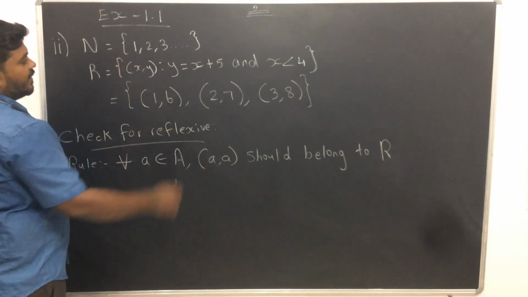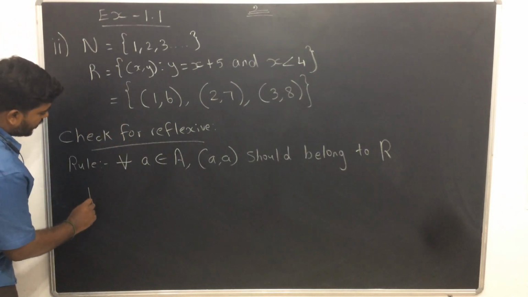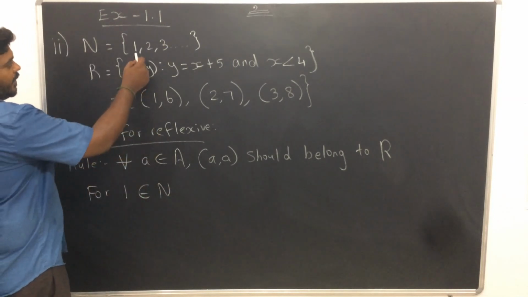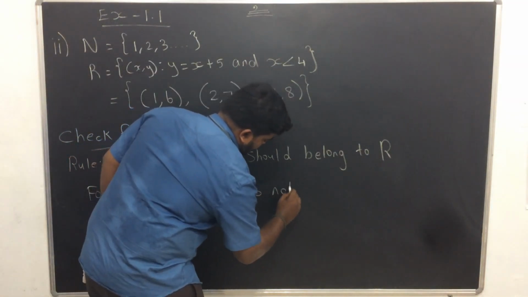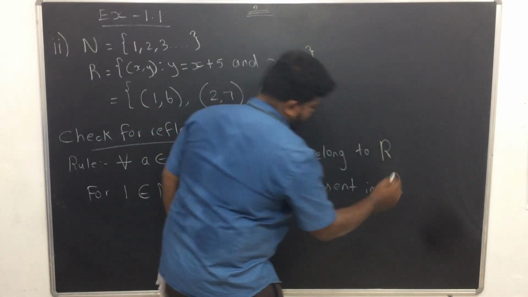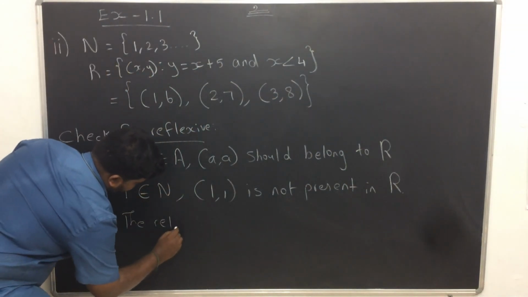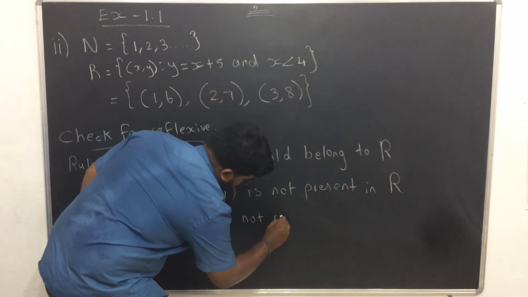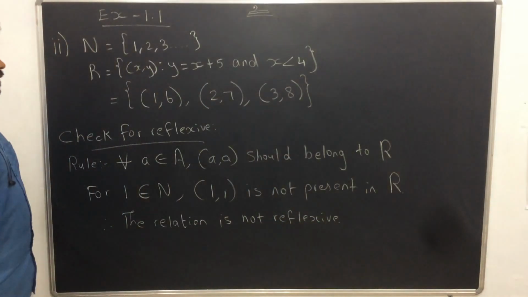Just check for any one element. If that element does not satisfy, you straight away say this is not reflexive. So for 1 belonging to N, (1, 1) is not present in R. Therefore, we can conclude that the relation is not reflexive.